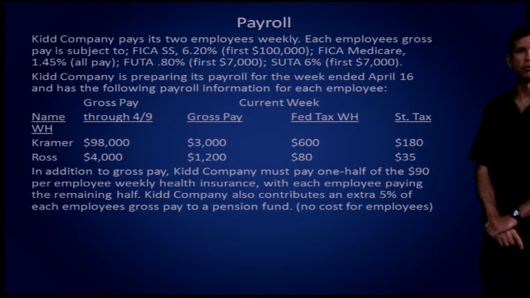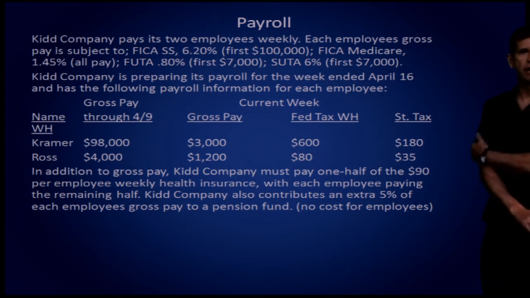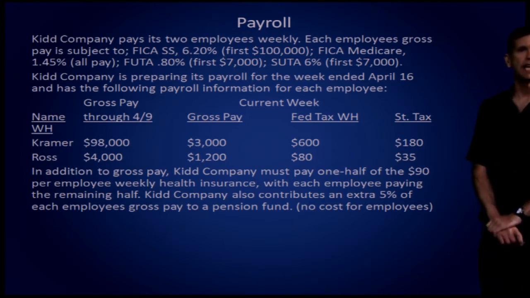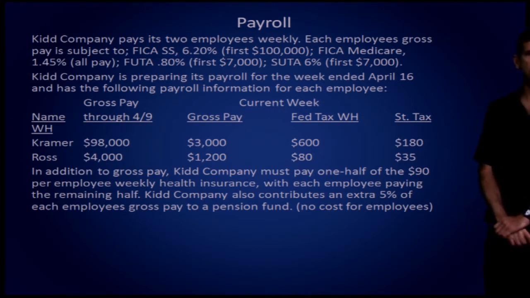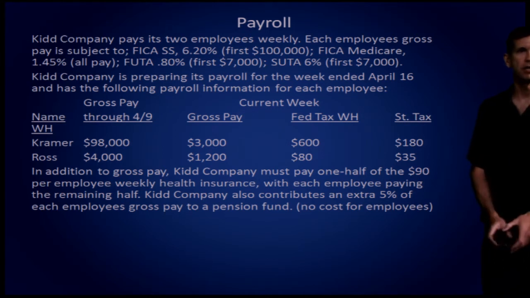They're also subject to FICA Medicare at 1.45%, and that is all of their pay. They're also subject to federal unemployment tax, that's FUTA, 0.8 of 1%, and only the first $7,000 is subject to that. Then we've got state unemployment at 6%.